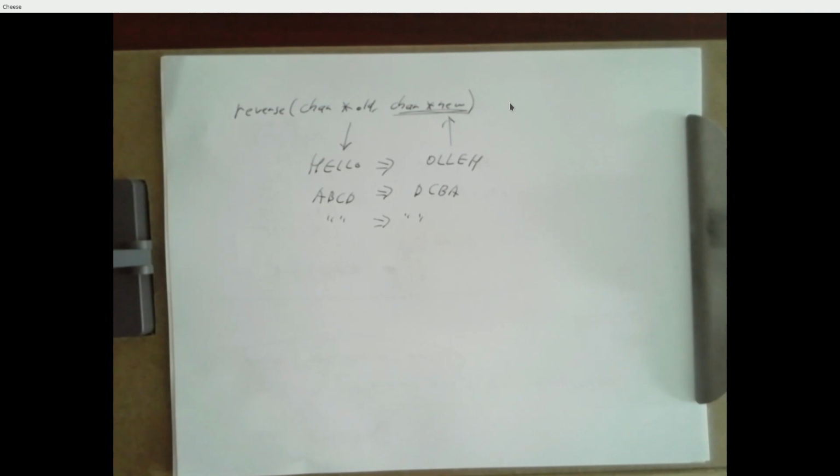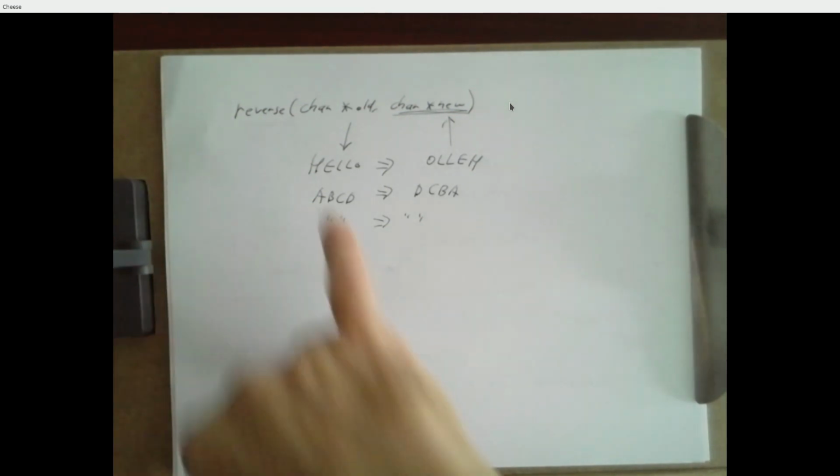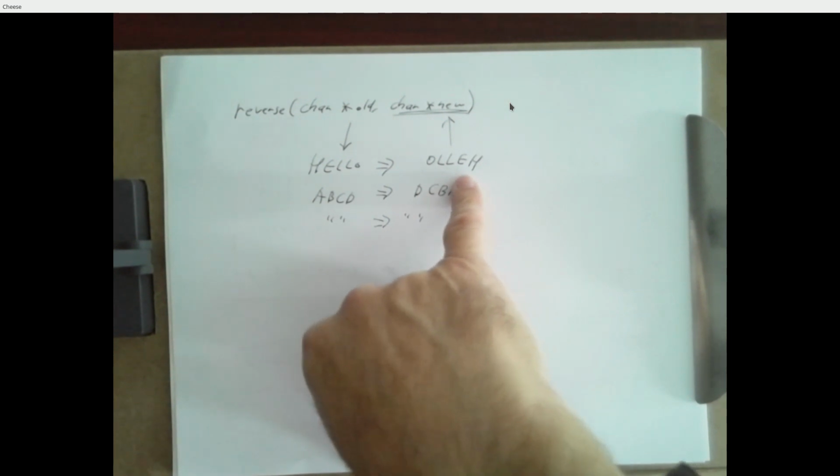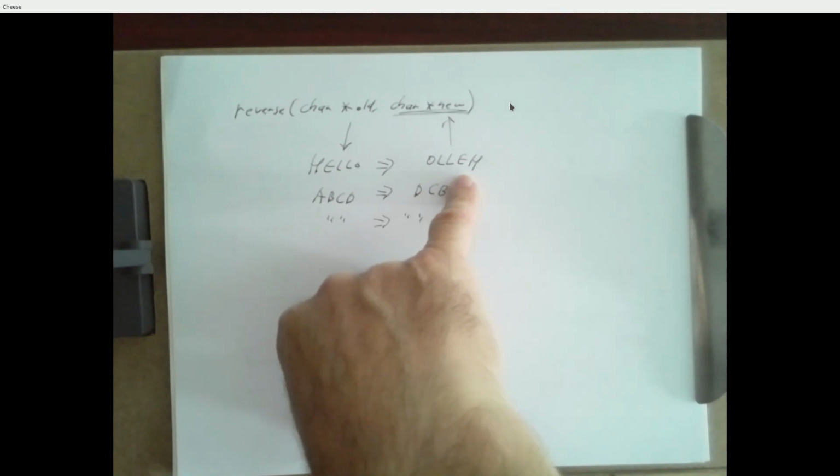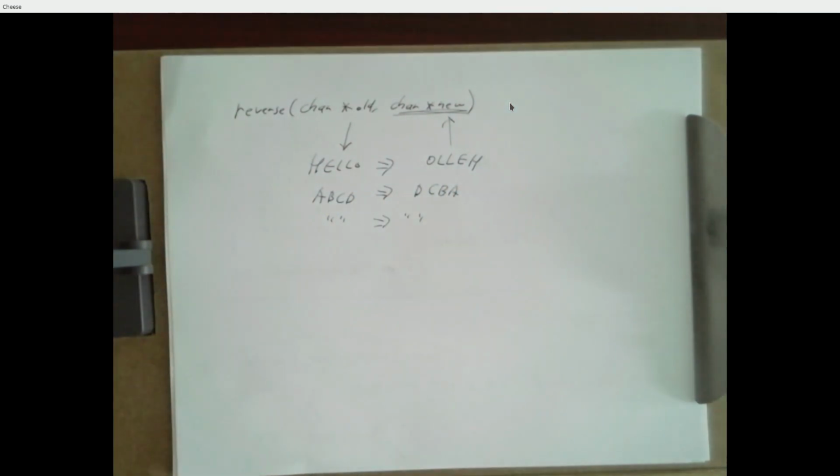Okay, but what I'm after here is algorithmic development. So figure out the steps that you would use to take a string and then produce a new string that's the original string in reverse order. And let's see where we get with that. And then we'll go on to other ones.